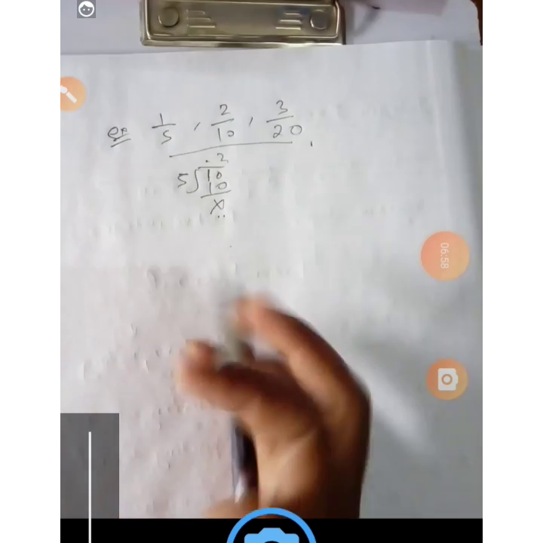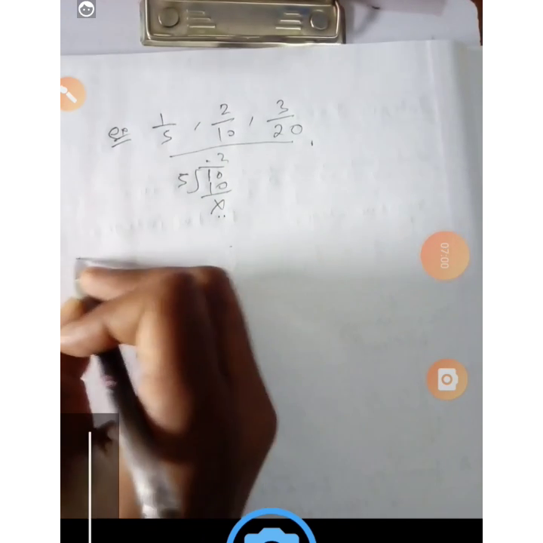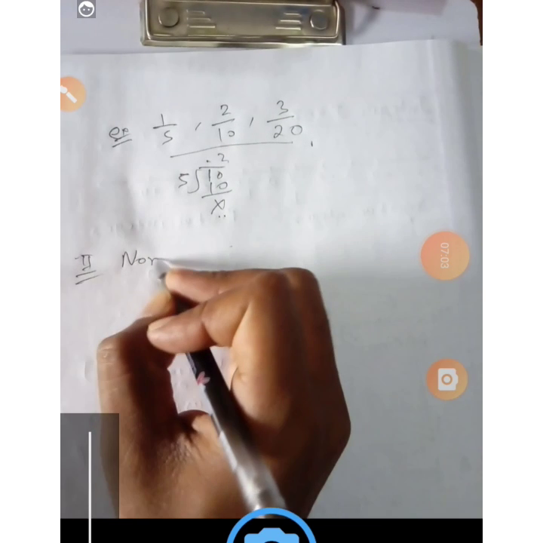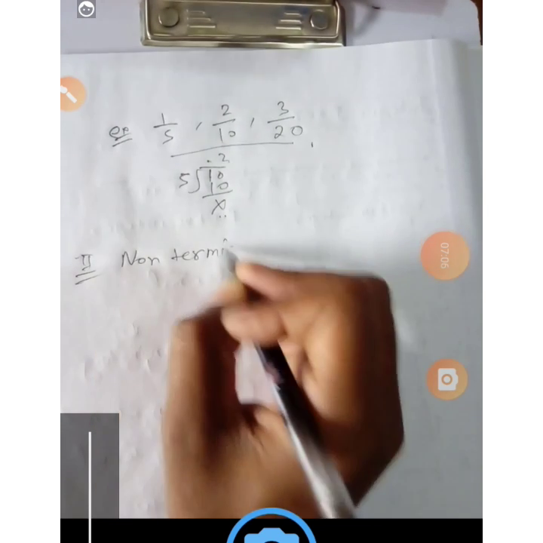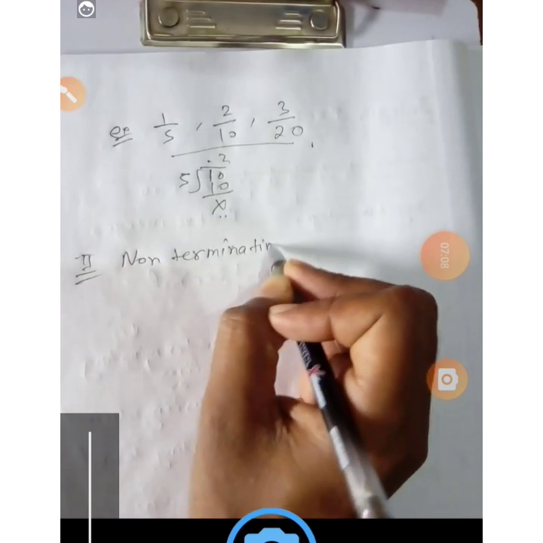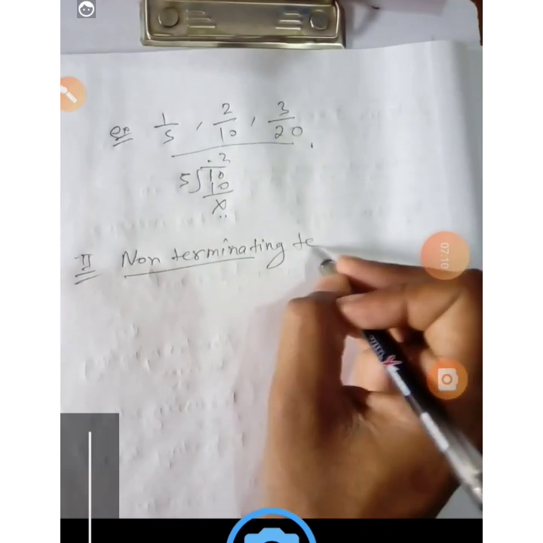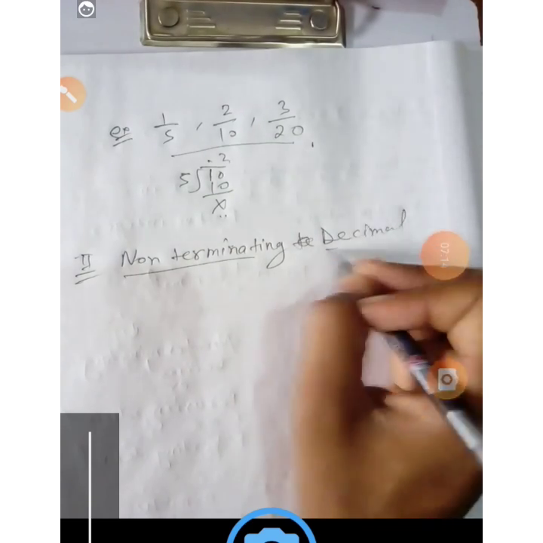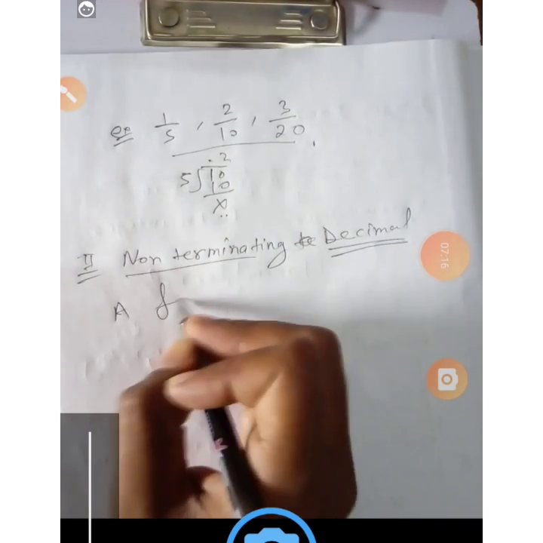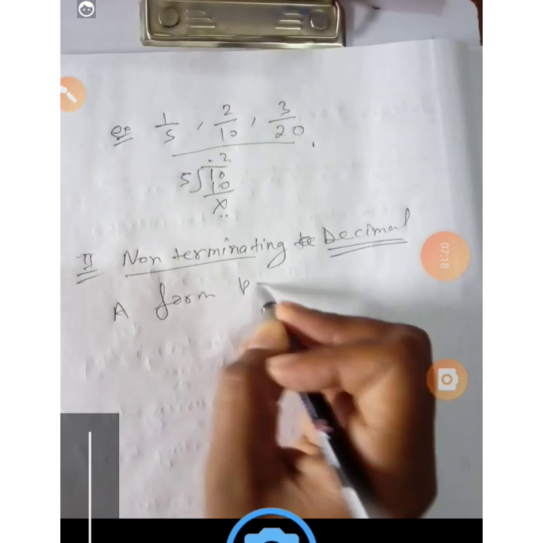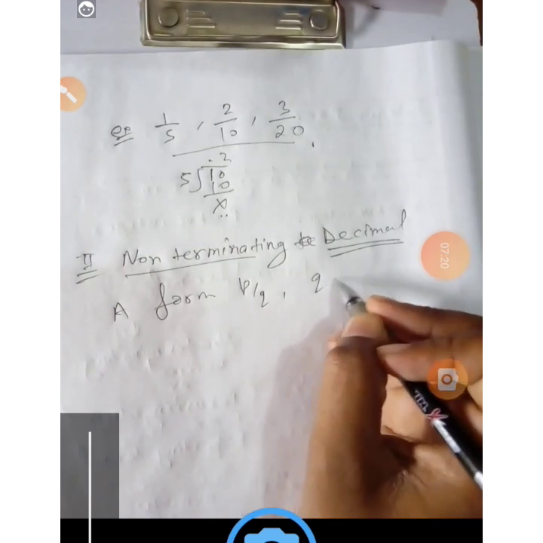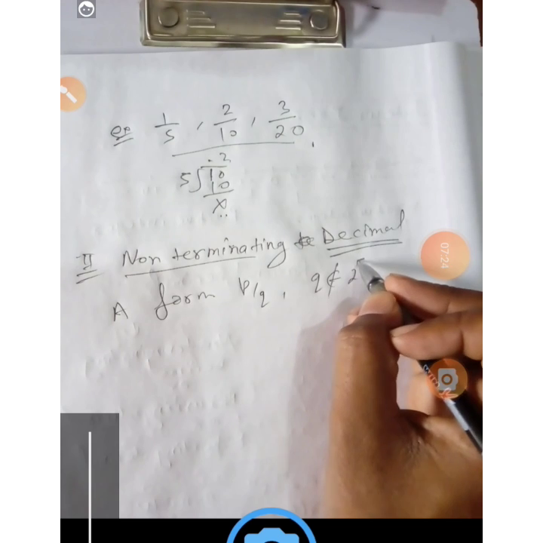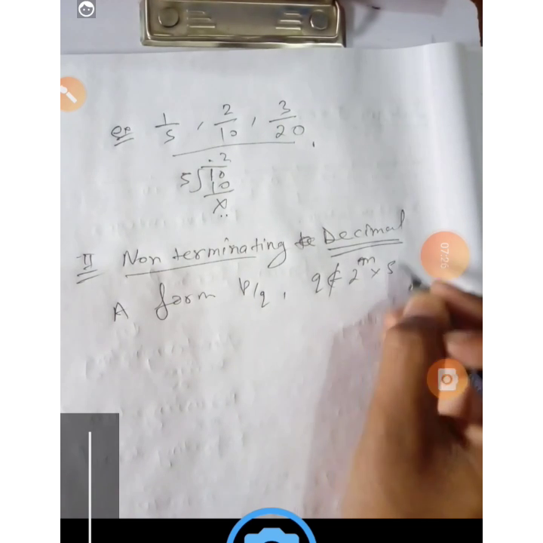After this, second, non-terminating decimal. It is of the form p by q, and q does not belong to 2 raised to the power m into 5 raised to the power n.